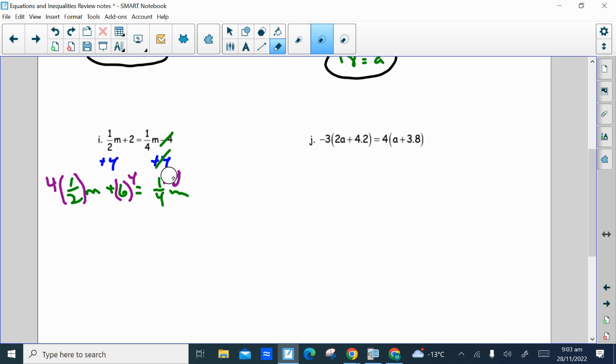So we're multiplying everything by 4. And the reason we do that is we can divide. 4 divided by 2 is 2m, plus 6 times 4 is 24, equals, on the right, 4 divided by 4 is 1m, or just m.